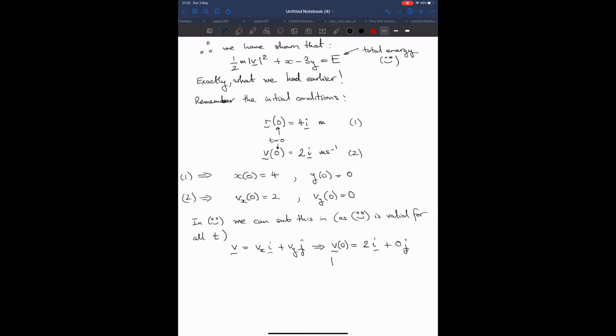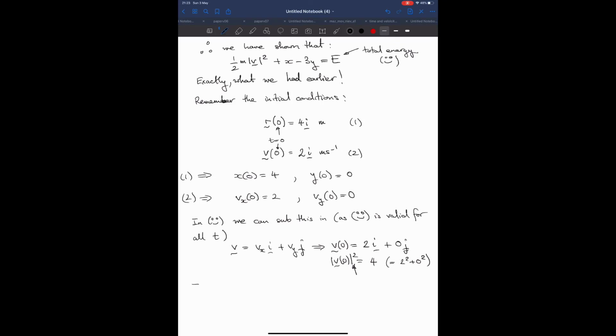And if I take the modulus squared, which is just an intermediate calculation, all I have to do is take the sum of squares of the components of V of 0. So what this gives me is 4, because it's equal to 2 squared plus 0 squared. And remember, I've got the square up here, so I don't need to take the square root.